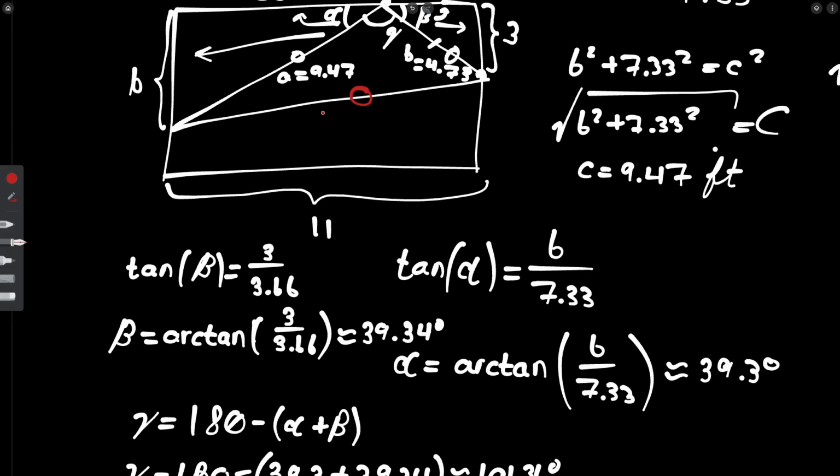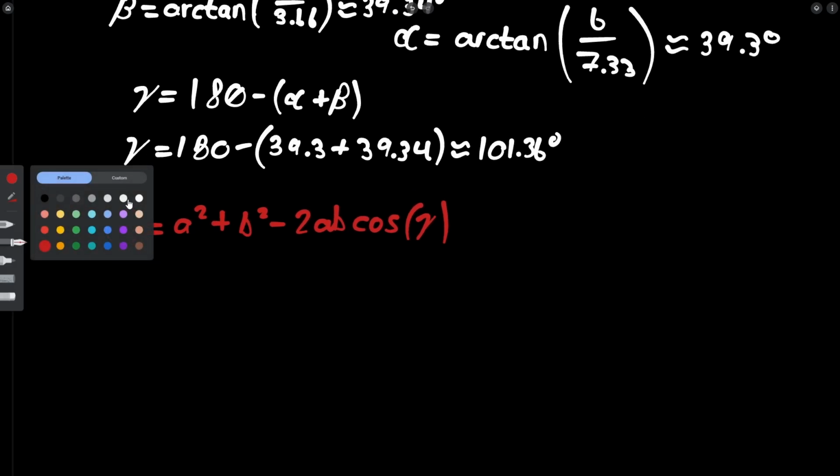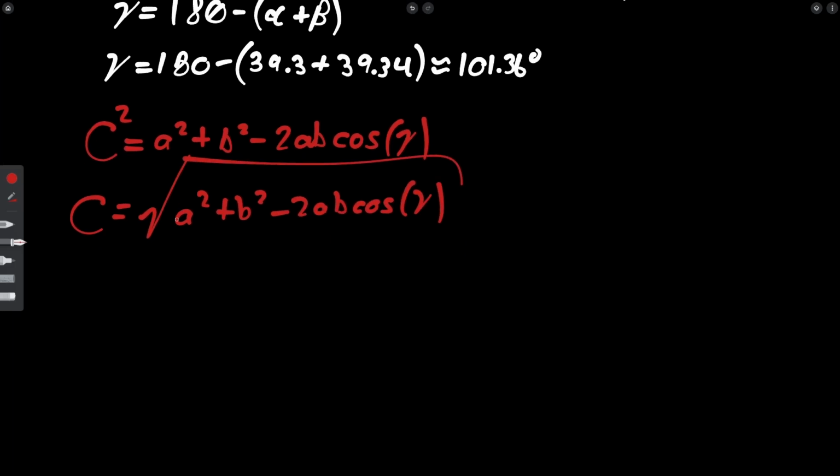I'll name this side here C. So we have big C equals a squared plus b squared minus 2ab cosine gamma. Oh, sorry, this is c squared, apologies. And then we can square root both sides. That gives us the square root of a squared plus b squared minus 2ab cosine of gamma. Now we can solve this. We don't know our c still. We do know our a.